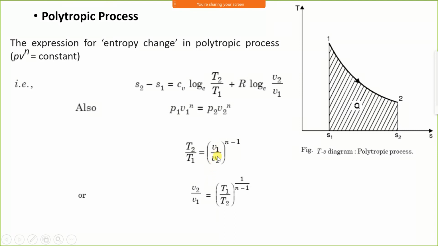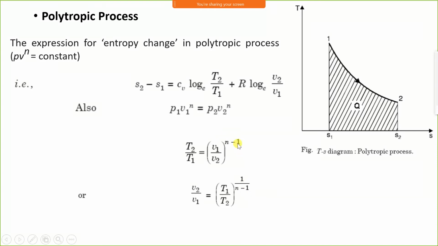Then V1 by V2 will be equal to T2 by T1 raised to power 1 by n minus 1. If I take the reciprocal, then V2 by V1 is equal to T1 by T2 raised to power 1 upon n minus 1.